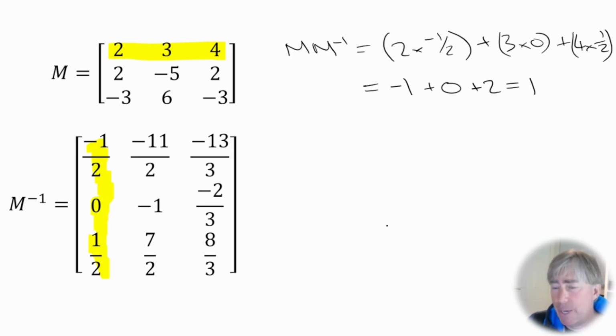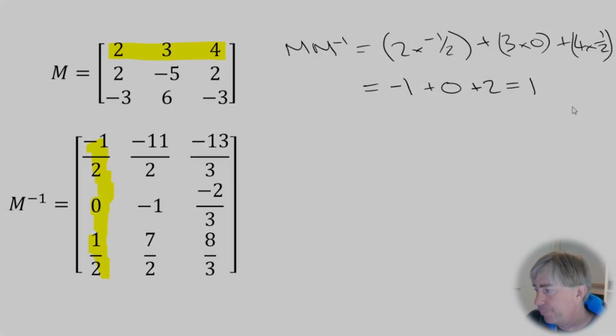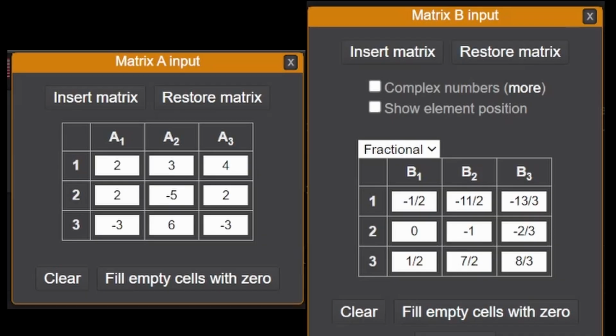So I'm going to go ahead and finish the calculation using a web tool just to see if we get the full result we want. As you can see, I've pre-programmed the elements of matrix M, which is actually called matrix A in this case, and the inverse matrix, which is called B, which is the matrix I just calculated, M to the negative 1, and you can see the fractional inputs.